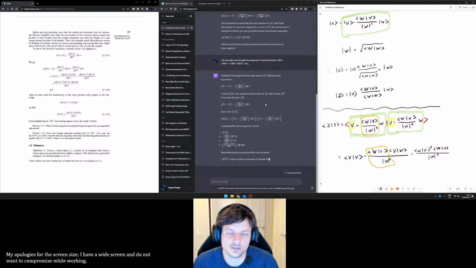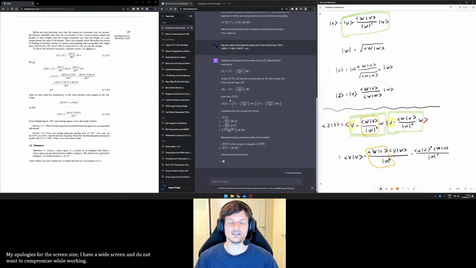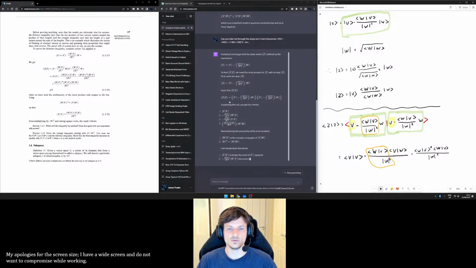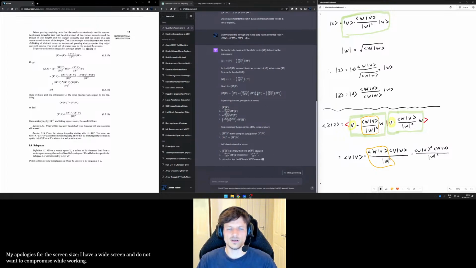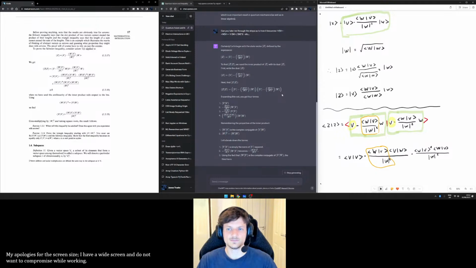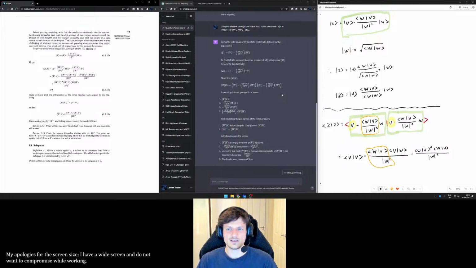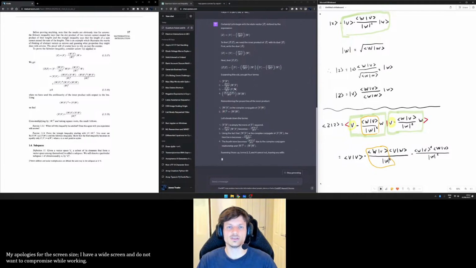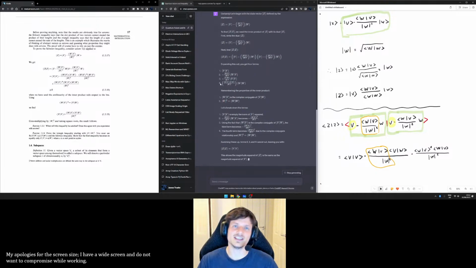Oh, okay, that's interesting. Next, find zz, the inner product of it. So that would then equal the bra and ket of it, which gives us this. I see. Okay. Because of the dual, I see. Okay, cool. That's nice.